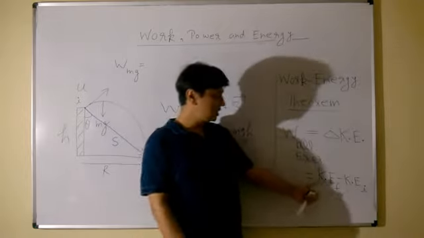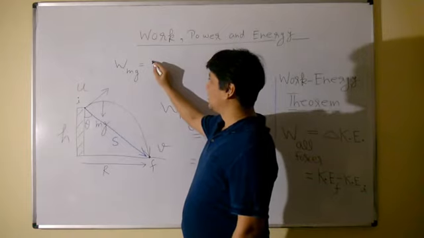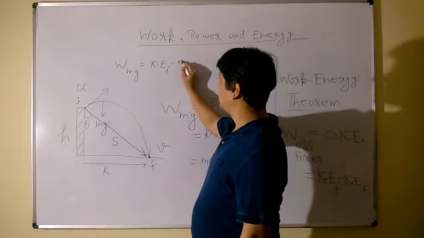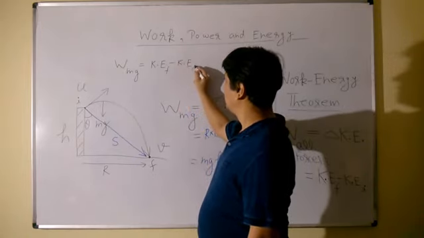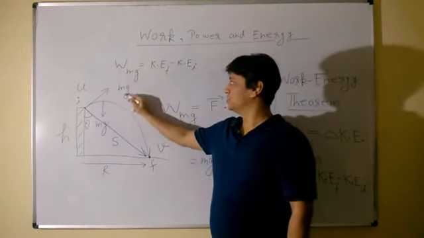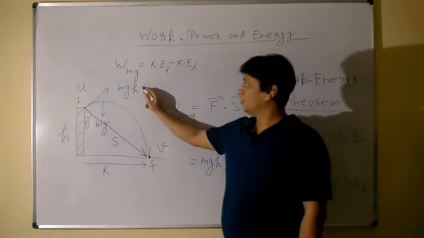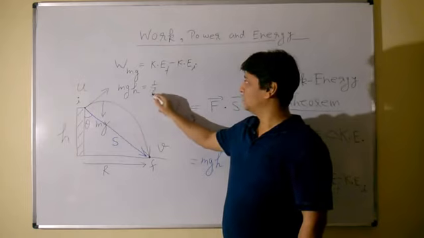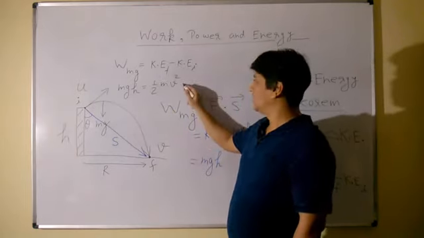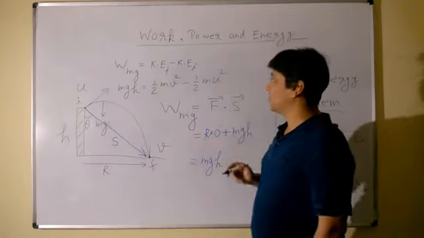जो भी वर्क है वो करता क्या है, it changes kinetic energy. KE final minus KE initial. What is work done by gravity, mgh. What is KE final, half m v square minus half m u square.